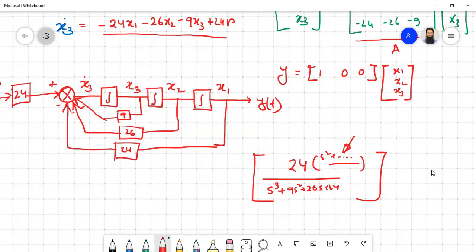For that, we should go for another block diagram representation, another example basically.